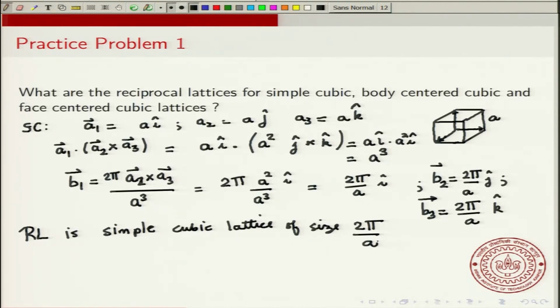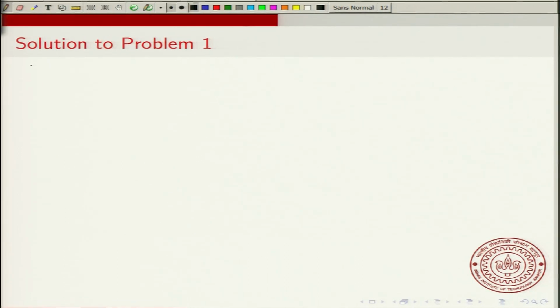So, next let us go to face centered cubic. Let us go to FCC. Now, in FCC your primitive translation vectors are the following. Let me draw the FCC cell.